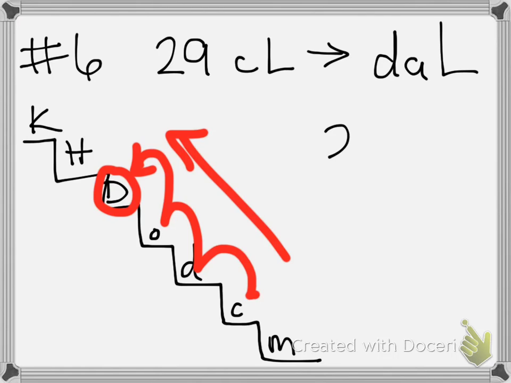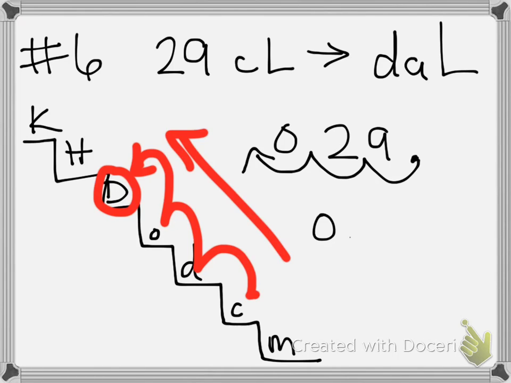So we're taking 29, with the decimal right at the end. We're going to move 3 places to the left. So 1, 2, 3. Fill in a 0 there. So the answer would be 0.029 deciliters.